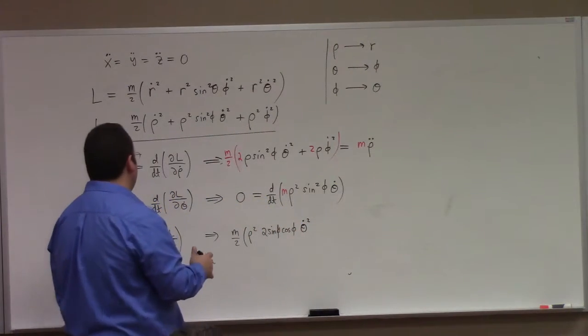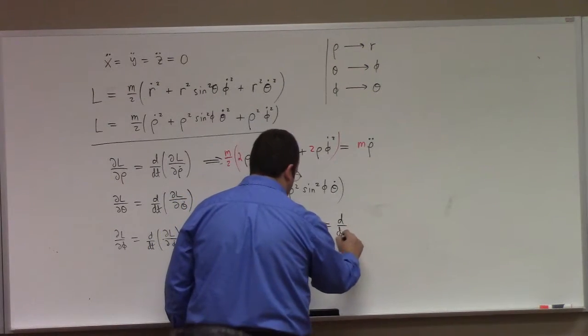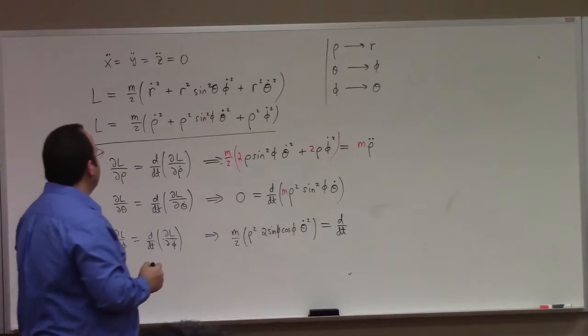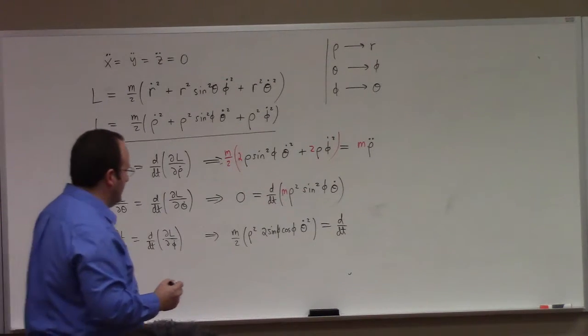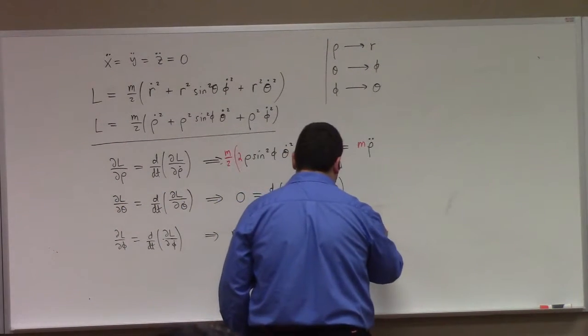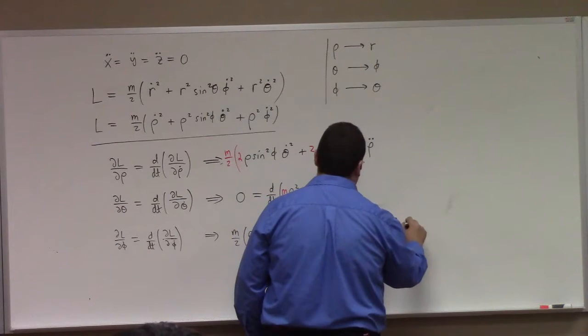Thankfully, that's the only place where there's phi dependence. And that's equal to d/dt of partial L, partial phi dot, which thankfully is just m over 2 times rho squared times 2 phi dot, right?